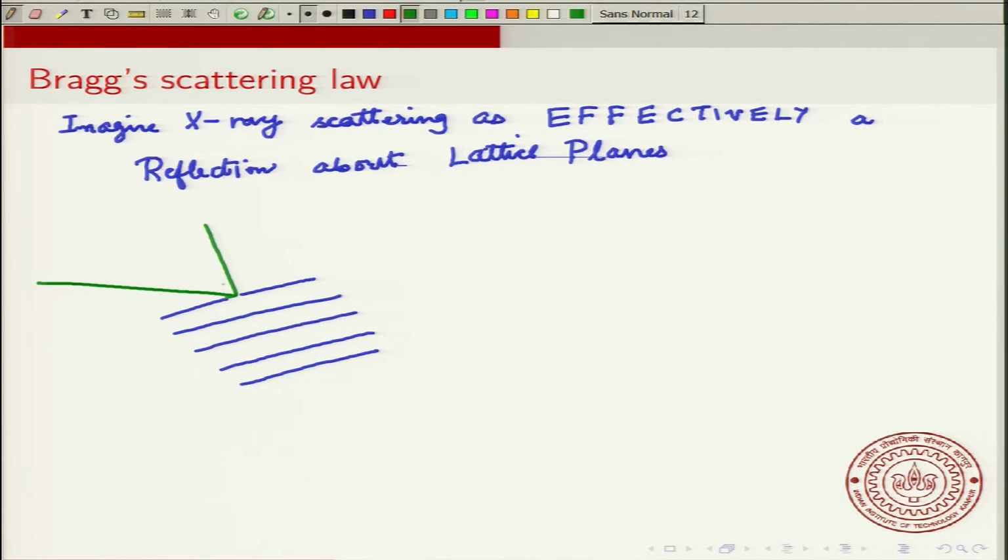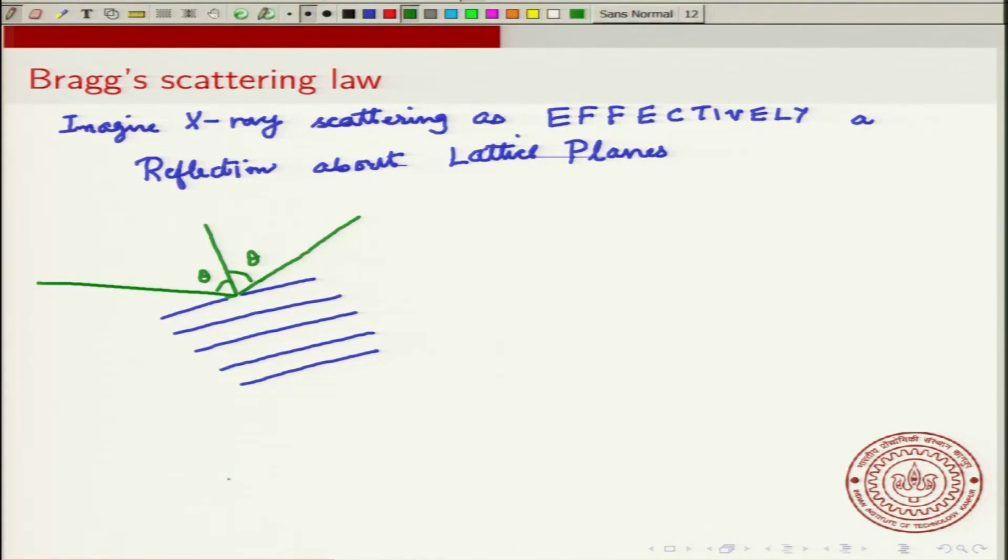So if this angle is theta, then it will be reflected in such a way that this angle is also theta. And now these are lattice planes.